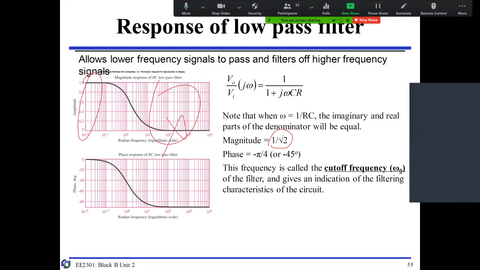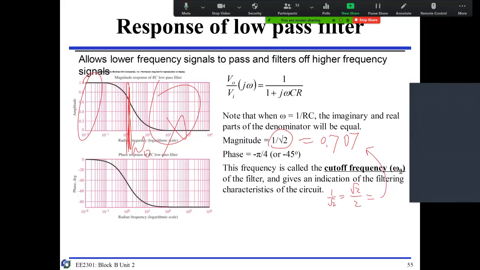But where do we draw the line? This is omega 0, called my cutoff frequency. Where do we draw the line? The magic number is 0.707. Remember, square root of 2 divided by 2 is this one.